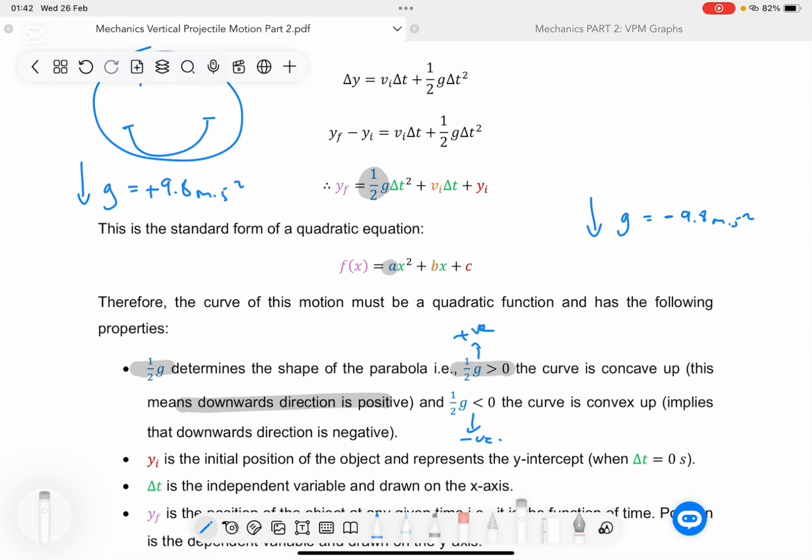That means this downward direction is now the negative direction. It means we have chosen down as the negative direction. And of course, if our a here, the 1 over 2 g, is negative, we must have a sad graph. And we said this is a sad face.